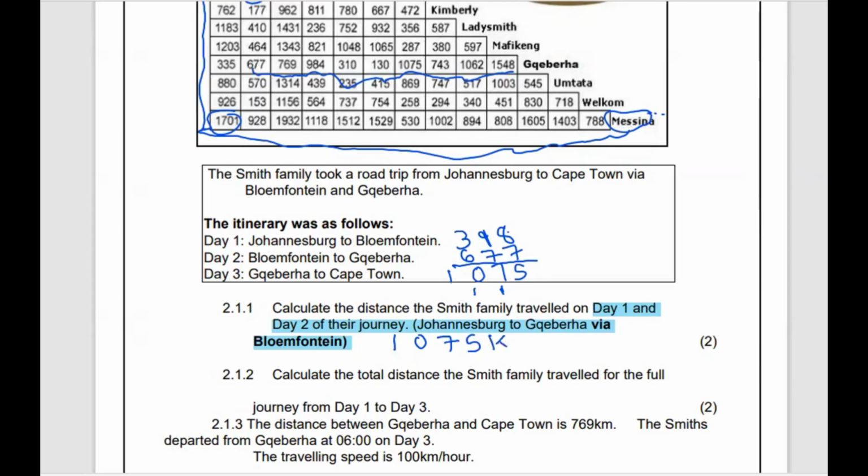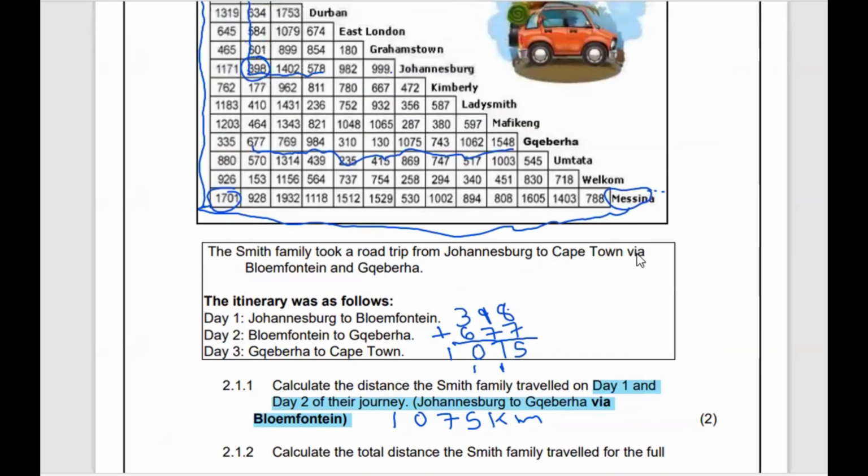You can also use your calculator, whereby you add 398 plus 677. The total distance which was traveled on those 2 days is equivalent to 1,075 kilometers. So that is our first answer.